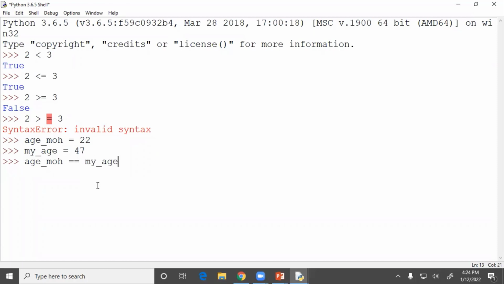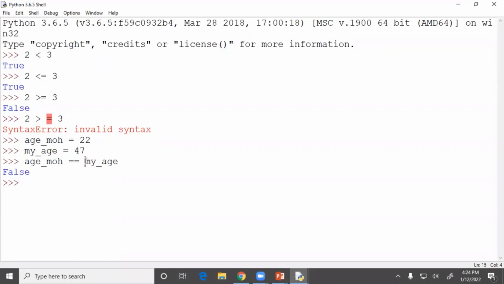And what do you think the answer is going to be? True? You are 22 and I am 47. So it's going to be false. Clear, guys? What if I want to compare now that his age is not equal to my age?